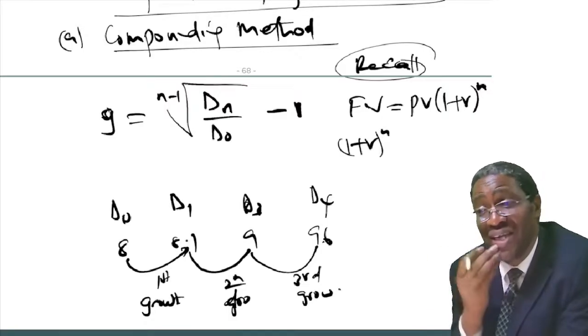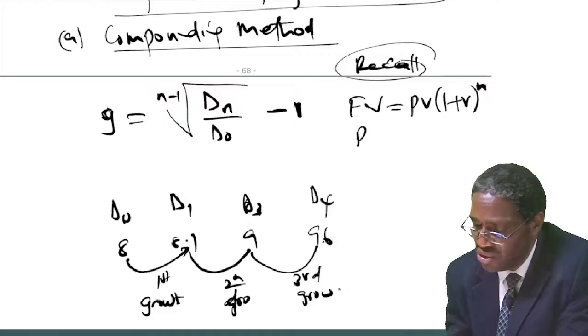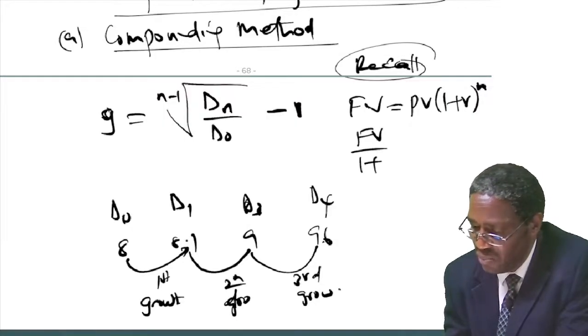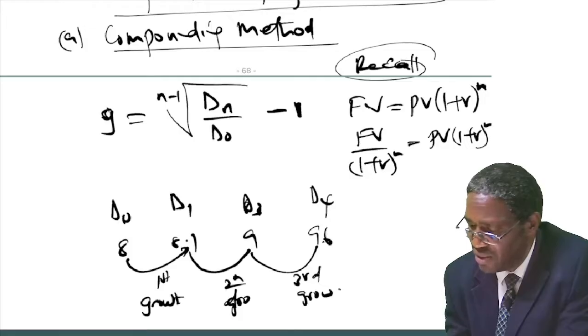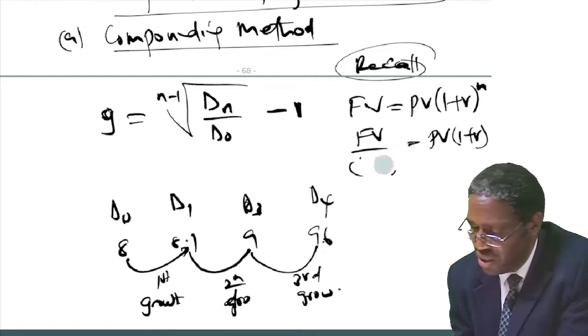Maybe I could just put it this way so that you understand. This is FV equal to PV into 1 plus r power of n. Sorry, I'm dividing by PV, not by 1.